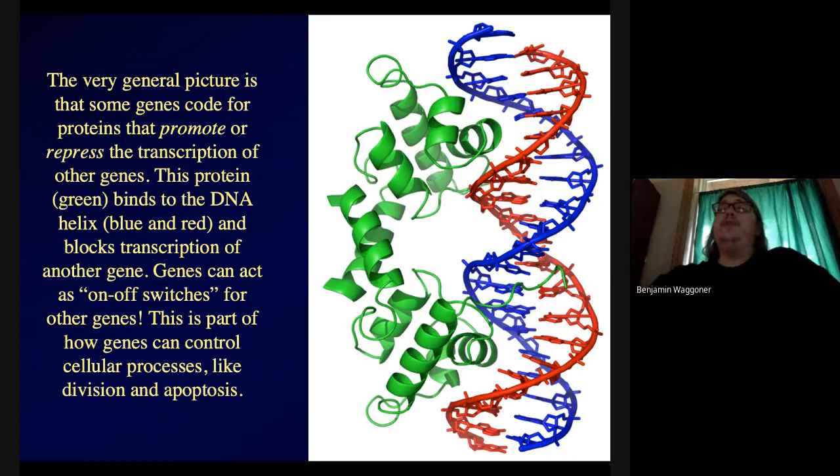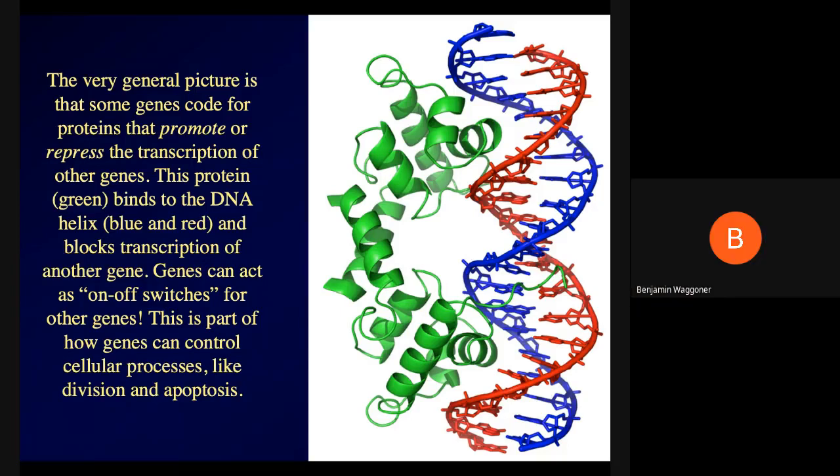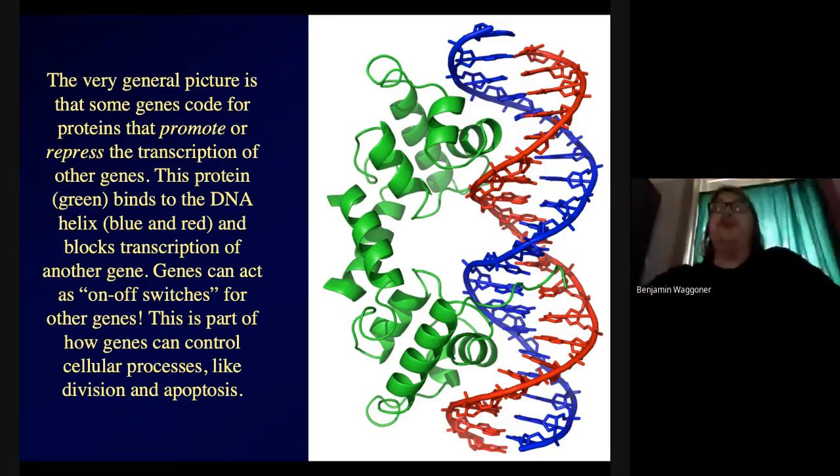It's also part of an immensely complicated field we just haven't time to get into, and that's the field of development. How you go from a single fertilized egg to a full adult phenotype.